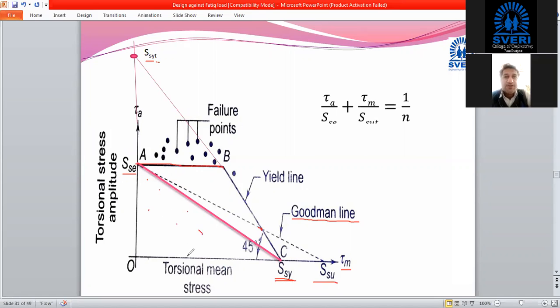How much mean stress you can put and how much endurance limit you can put, based on that, whatever the design may be, it will be safe for an infinite number of cycles. Actually, he got the failure points above this shear endurance limit line, because when we apply completely reversed stresses, we can get failure of that particular component above the mean stress.